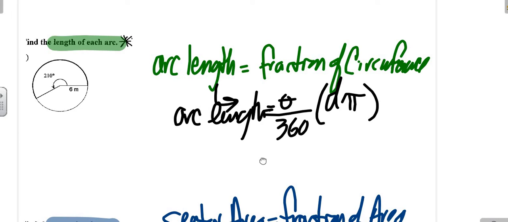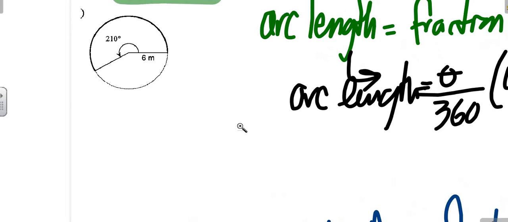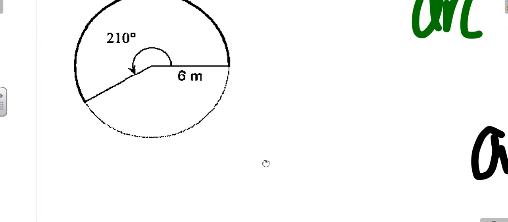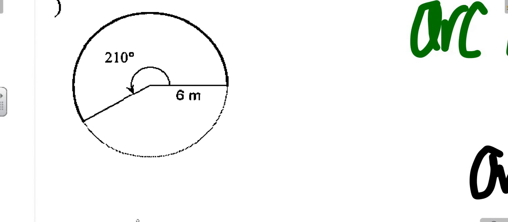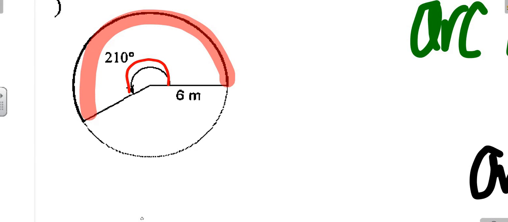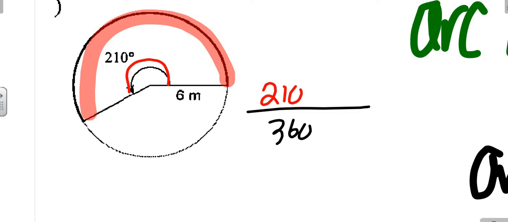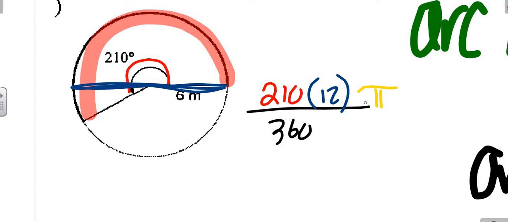Arc length equals. So right here for this problem, we are finding the length of the arc, which is a fraction of the circumference, 210 over 360 times, always trace your diameter, always, always, always. That's not 6, but 12, and of course pi.